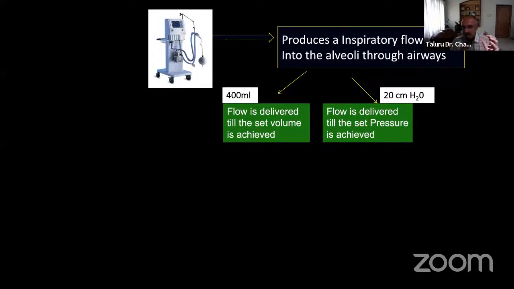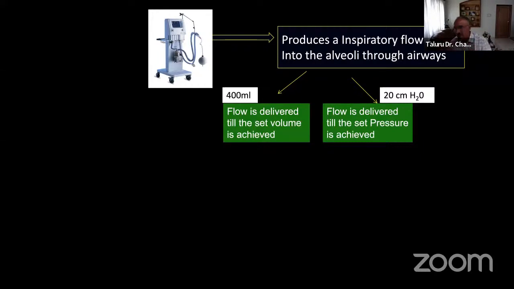Say we anesthetized a patient, we were giving 400 ml, there was a positional change. We have put him in reverse Trendelenburg position. Now, will 400 ml go? Definitely 400 ml will go. If the plateau pressure was around 11 when he was supine, now the plateau pressure may go up to 15, 20. So irrespective of the pressure change, volume will be delivered.